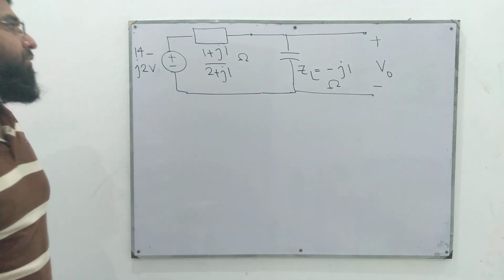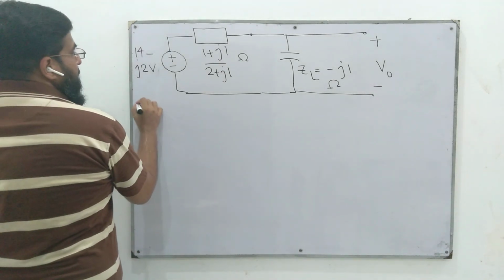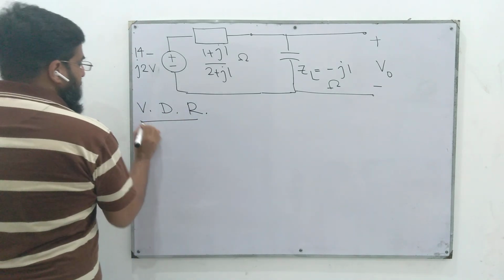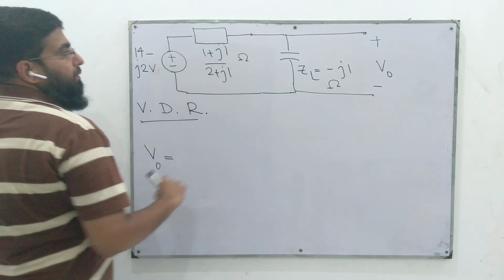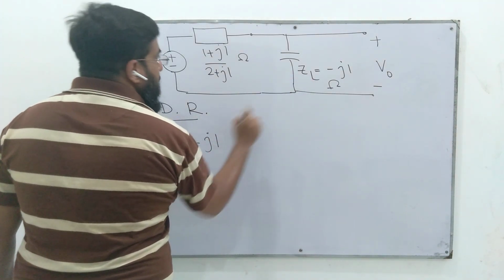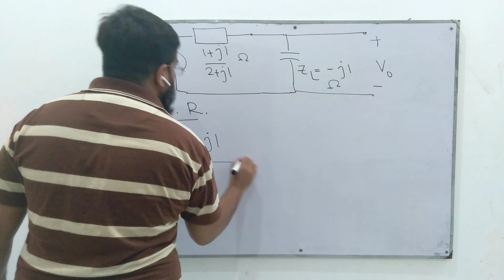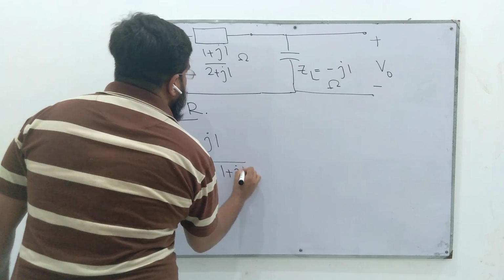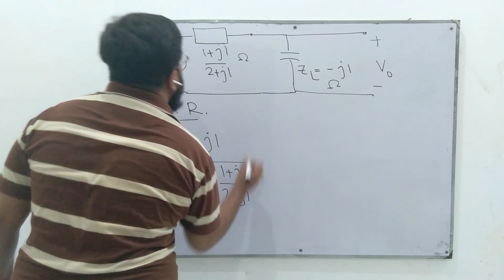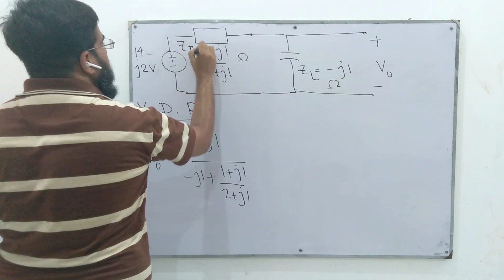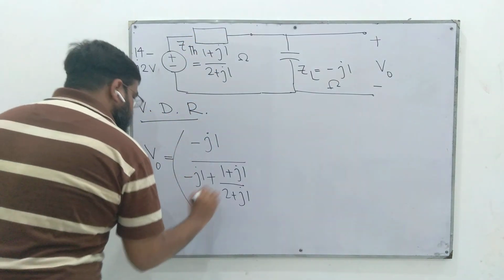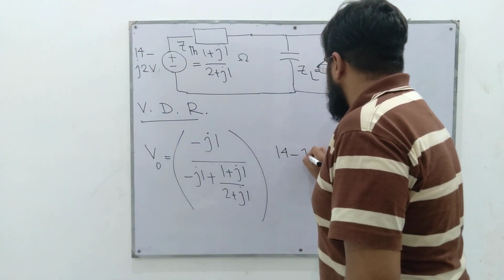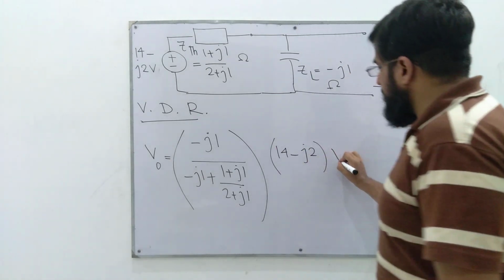To find this voltage drop V out, we'll apply voltage divider rule. V out is the impedance ZL divided by the sum of the two, minus J1 plus this 1 plus J1 over 2 plus J1, which is the Thevenin, multiplied by this voltage 14 minus J2 volts.